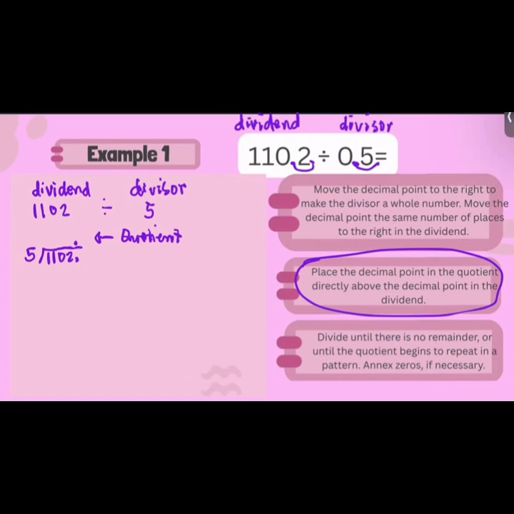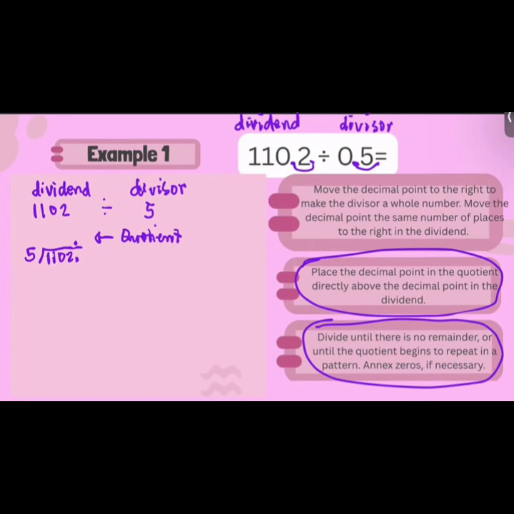Now, proceed with our third step, division. Divide until there is no remainder or until the quotient begins to repeat in a pattern. Annex 0 if necessary. Now, let's proceed with our division. We have 1 divided by 5. 1 divided by 5 cannot be done. Therefore, we look at 11.